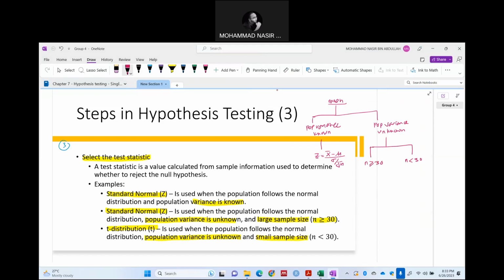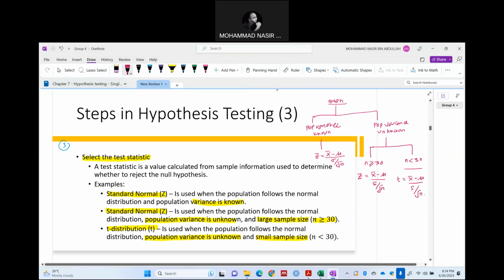When n is more than or equal to 30, we use the standard normal distribution, where Z is X bar minus mu divided by s over square root of n. When the sample size is less than 30, we use the T distribution, X bar minus mu divided by s over square root of n. So this is the choice of statistical test for testing the mean of a single population.